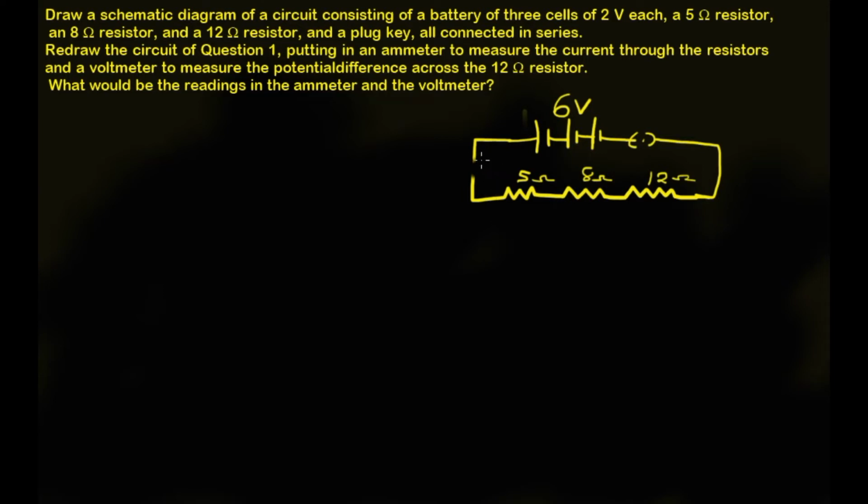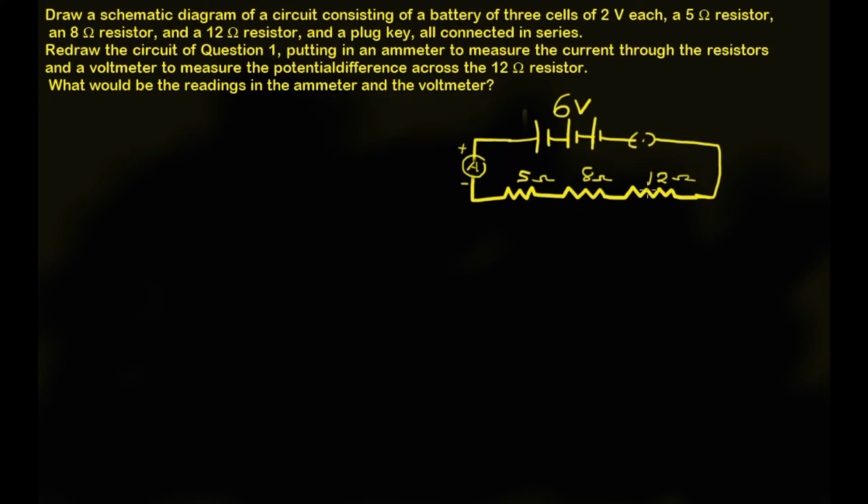So here we will connect the ammeter, and as you know, ammeter has a positive terminal and a negative terminal. The positive of the ammeter should be connected to the positive of the cell and negative of the ammeter to the negative of the cell.